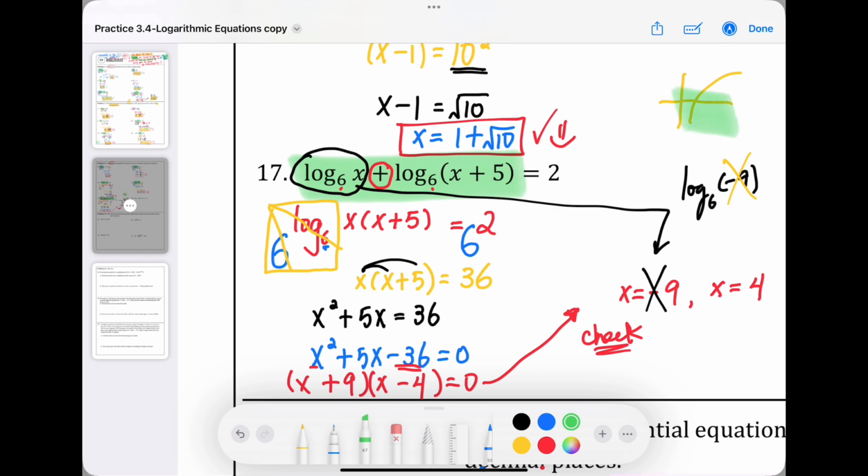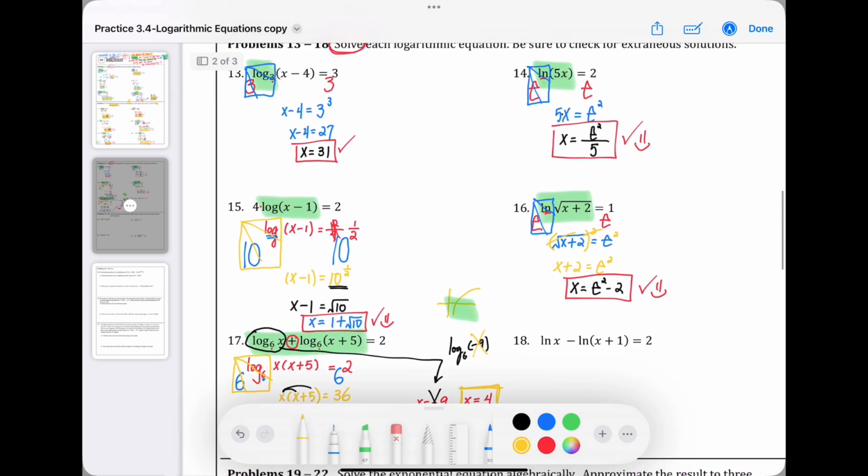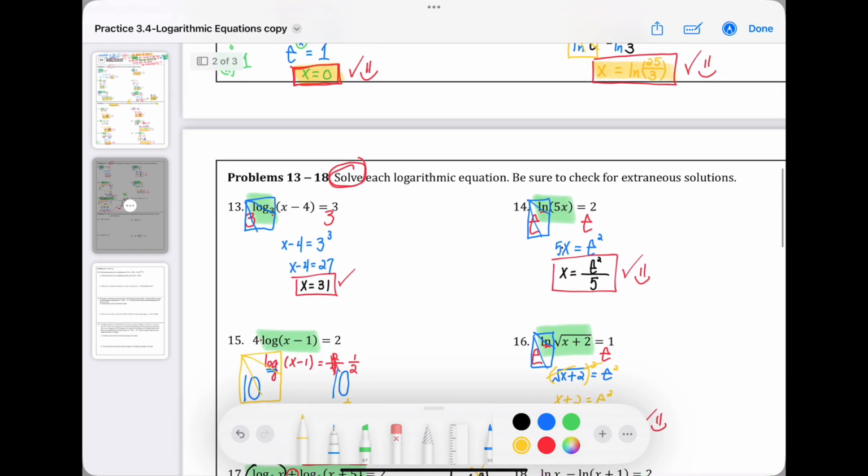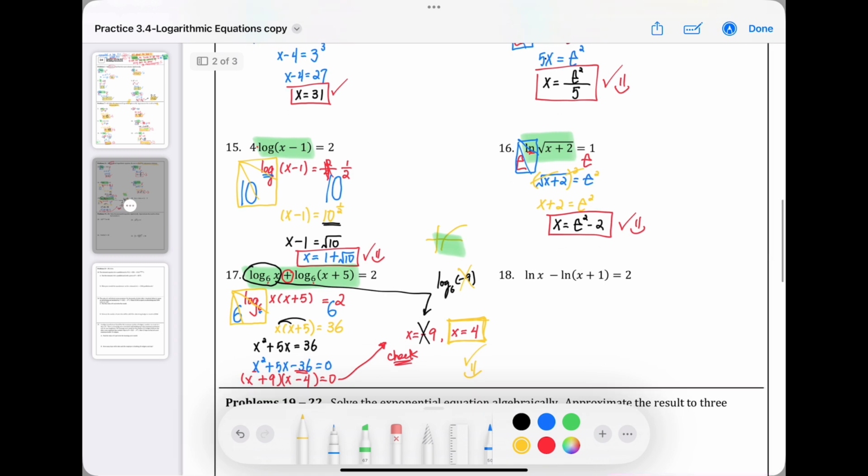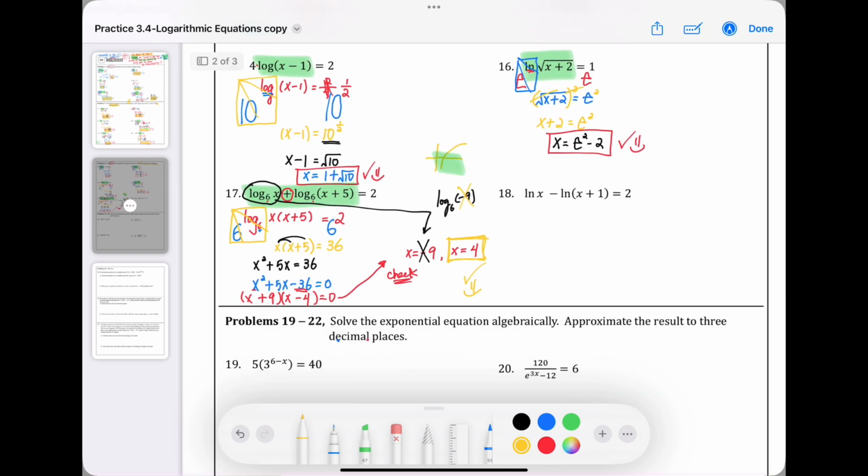Did you ever see my domain allow x to be negative? No. So therefore, the perfect answer, as you can see, is only x equals 4. And this is the only perfect answer that matched the question at the beginning. You might want to check, right? It tells you, please check for the extraneous solution, okay? Negative 9 looks good, but it's not doable in this case.